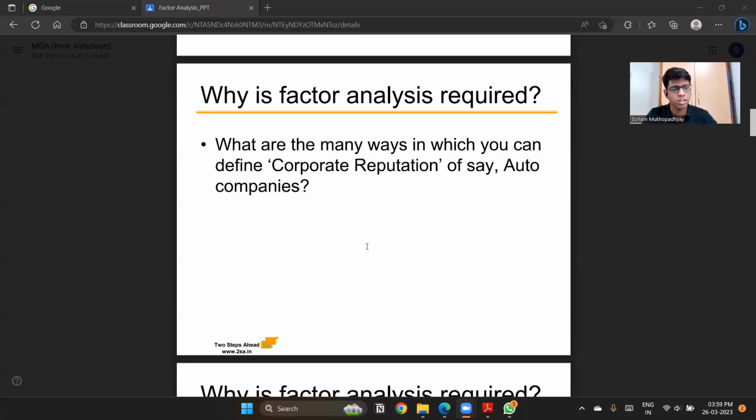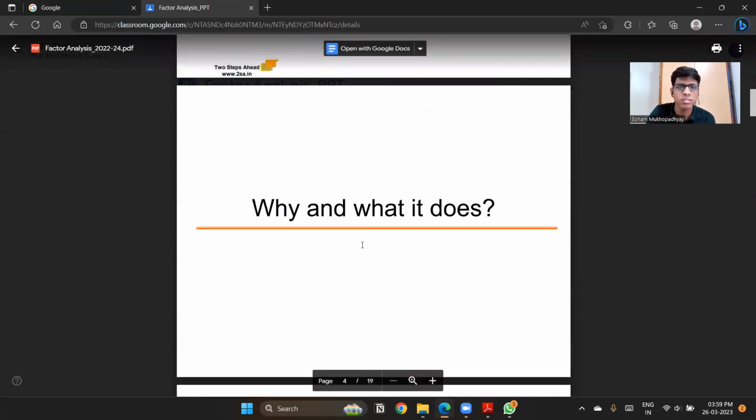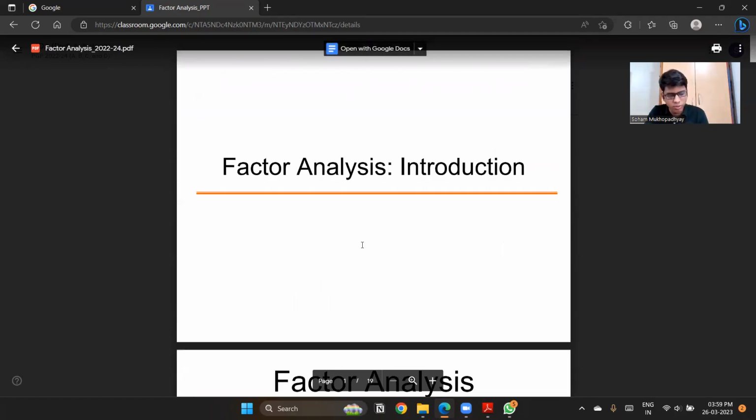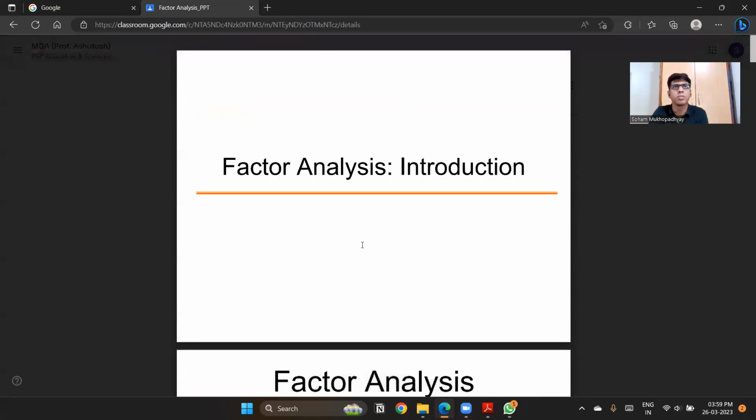So in continuation of regression, we'll move on to the next technique, which is factor analysis. Factor analysis, as per what we've been taught, is something that we use to increase granularity in your research. If you are talking about a particular dependent variable, we need to figure out which independent variables affect it in a regression.